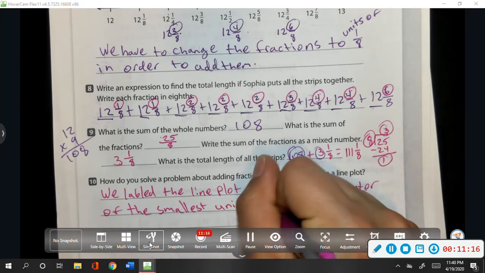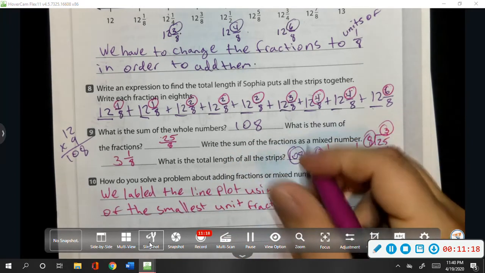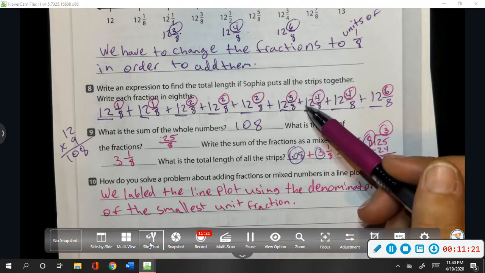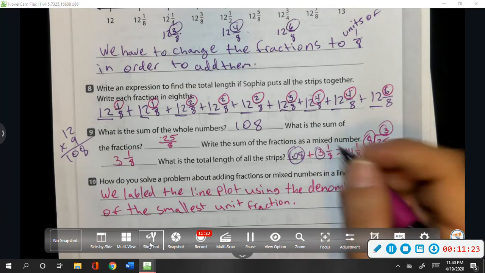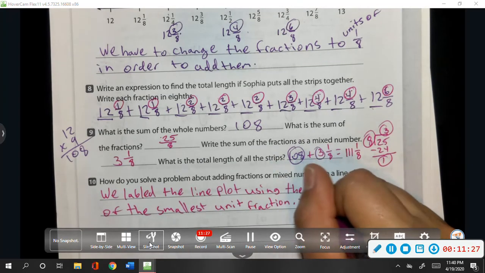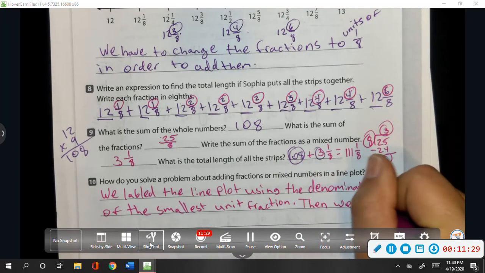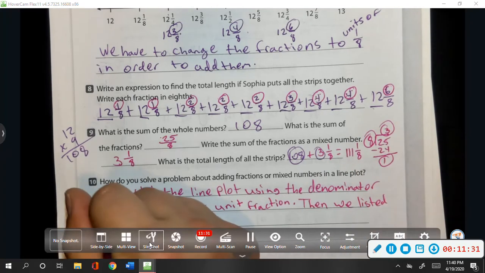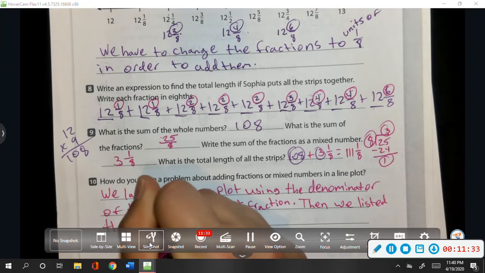Then we listed the numbers to add up here. The numbers to add.